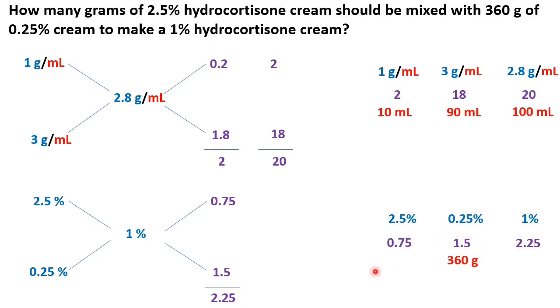So how many grams corresponds to 0.75 parts? Very simple cross multiplication: we multiply 360 grams times 0.75 over 1.5, and we get 180 grams. 180 grams of 2.5% hydrocortisone cream is needed, and that is our answer. Hope that helps. Thank you.